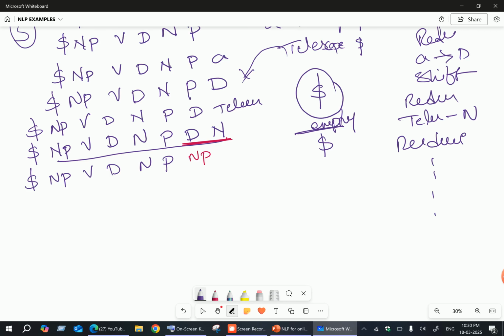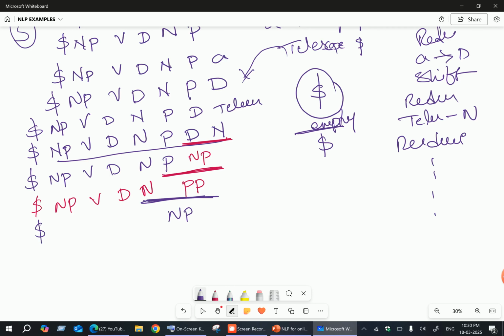Again you can reduce P and NP. So P and NP is a preposition phrase, and the remaining you can write down as it is: noun phrase, verb, determinant and noun. Now again you can reduce these two, noun and preposition phrase, check the grammar, that is a noun phrase.